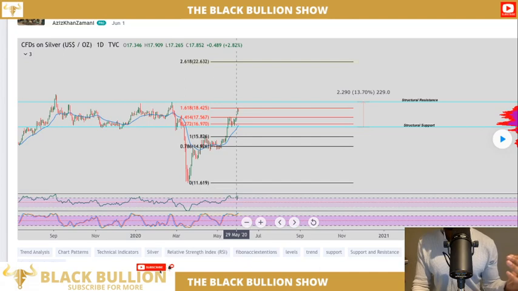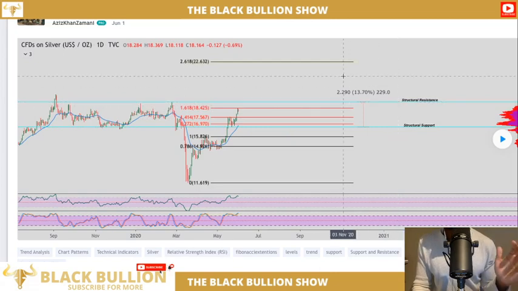Now, this analyst has structural support at around 16.70, and he has resistance at 18.98. Now, I don't see silver going below 16.70 anytime soon, and I honestly don't really see it going above 18.98 as we begin to see some profit taking.